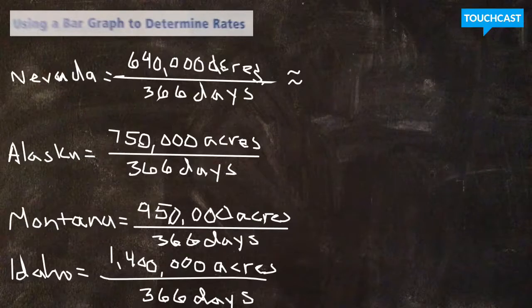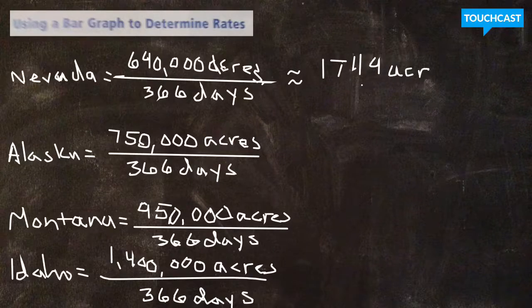So if we divide 640,000 by 366 to the nearest acre, that's going to give us about 1,749 acres that were destroyed per day in Nevada.